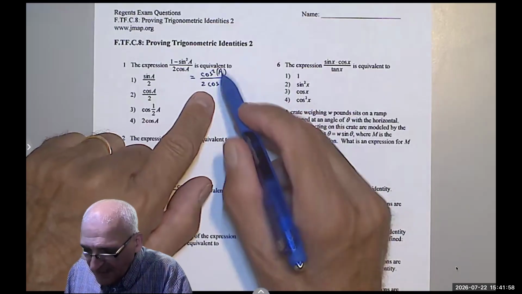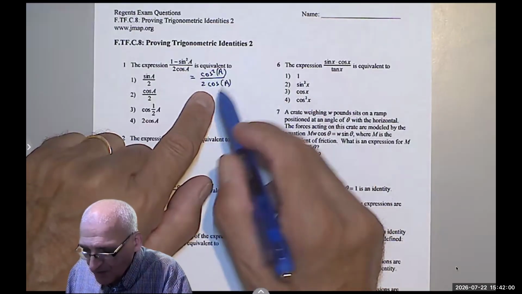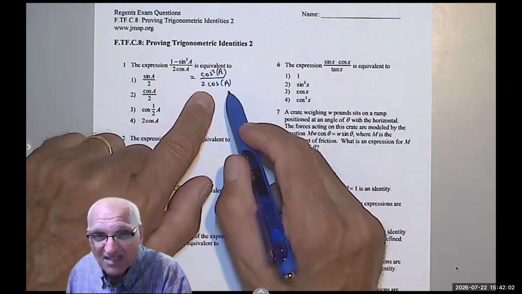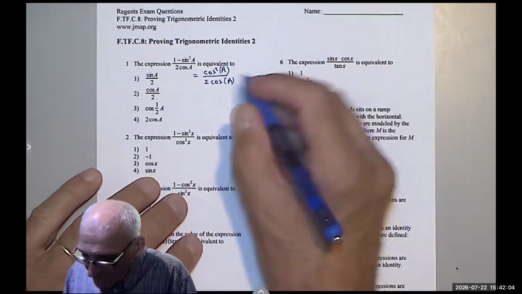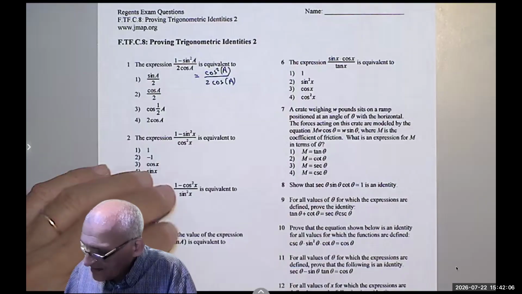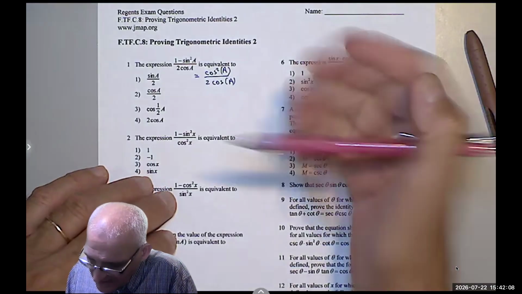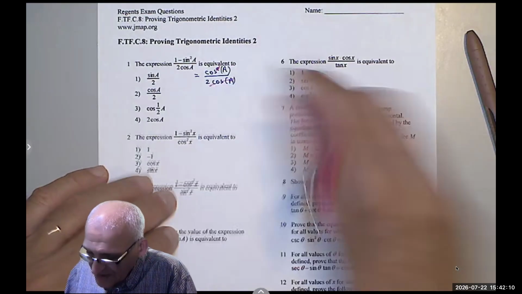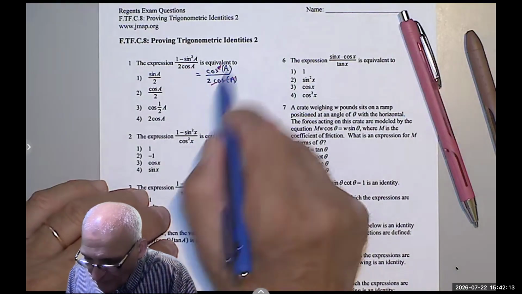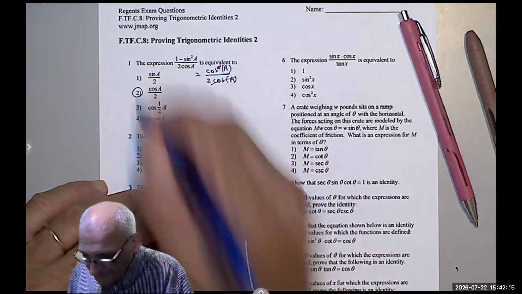If this is 90, cosine square 90 is 0, and cosine 90 is 0, and you cannot divide 0 by 0. But here we assume the general case. I can simplify the square with the cosine, and you get cosine A over 2, which is number 2.